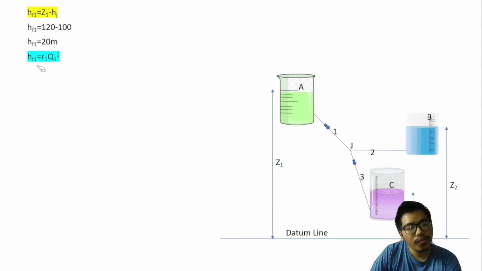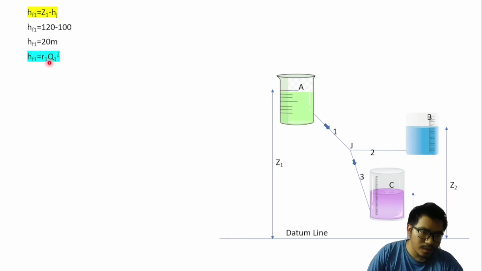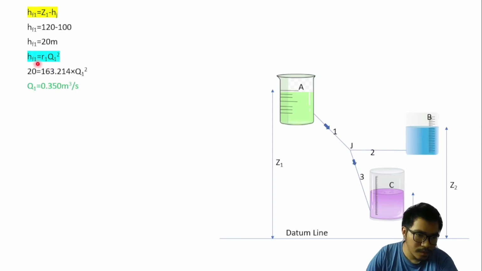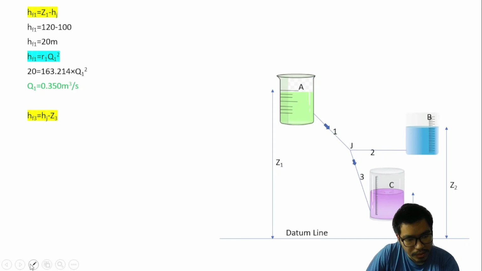Then we know the formula HF1 equals R1 into Q1 square. HF1 we have calculated as 20 meter, R1 we have calculated as 163.14. So from this we can calculate Q1 as 0.35 meter cube per second. HF3 means head loss in pipe 3.